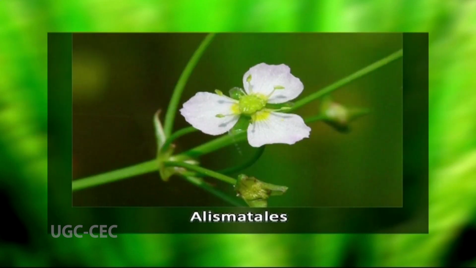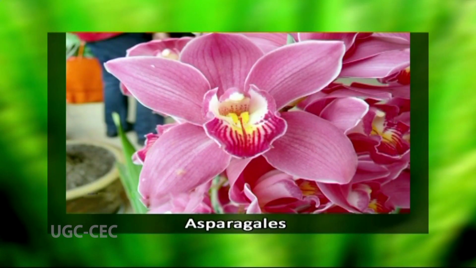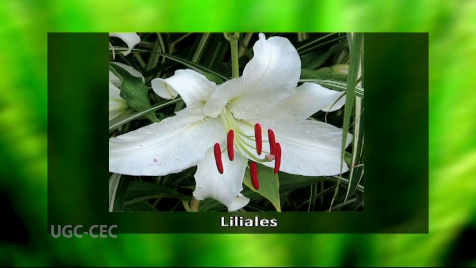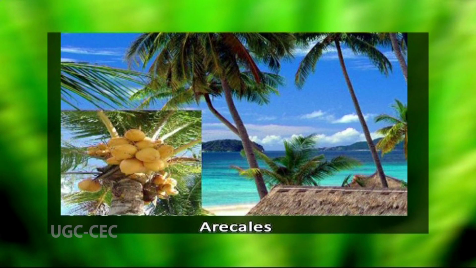The various orders that have been recognized under the monocots at present are Acorales, Alismatales, mostly the aquatic herbs, Asparagales, a large order wherein we have the Orchidaceae family, the orchids, a diverse group of organisms. Then we have Dioscoreales, Liliales, the common lily family. Then arecales, the common palms, coconut tree.